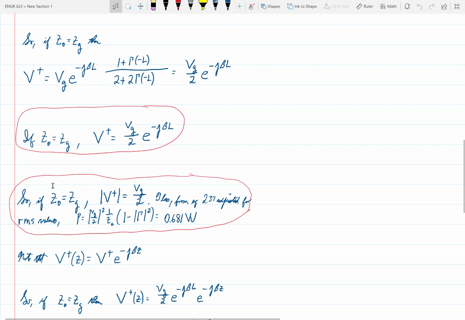Again, this is only applicable when the characteristic impedance of the transmission line is equal to the source impedance. But when that's the case, then the magnitude of V plus is Vg over 2. And so using 2.37, once again taking out the half because these are volts RMS, then it becomes P times Vg over 2 magnitude squared times 1 over Z0 times 1 minus gamma squared, and it becomes 0.681 watts, just as it was before.